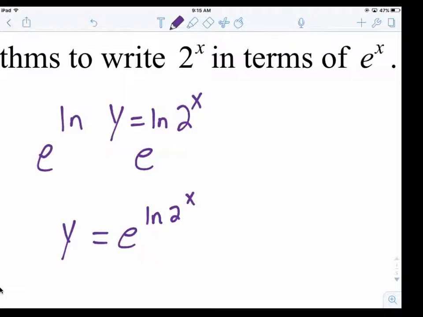We could cancel that and that there, but again, we want to use the fact that we know what the derivative of e is to come up with the derivative of 2 to the x. So we don't want to eliminate it right now.